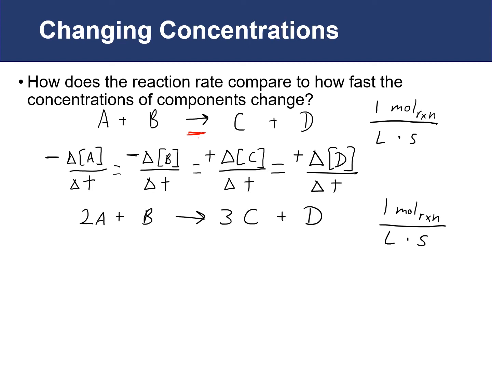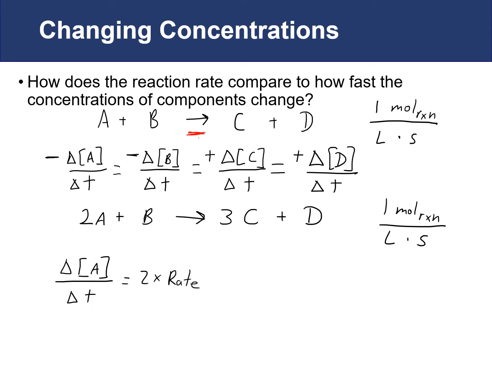So what we would expect is that A, each time the reaction occurs and it's occurring at 1 mole per liter per second, A is going to be going away twice as fast, right? So the change in our concentration of A is going to be twice as fast as our reaction. So our delta A over delta t is going to be equal to 2 times our reaction rate.